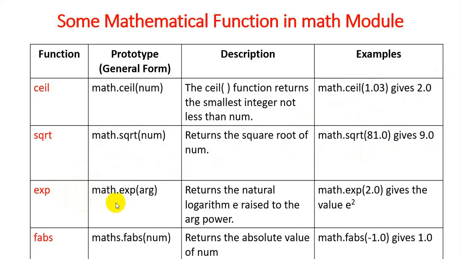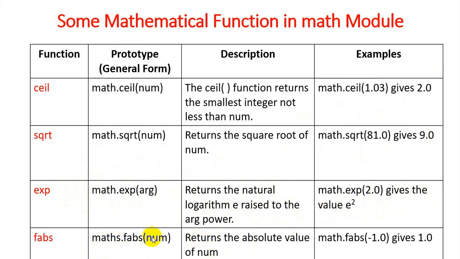exp, exponential: math.exp of an argument returns e, the base of the natural logarithm, raised to the argument power. So math.exp of 2.0 gives the value e power 2. fabs returns the absolute value of a number.